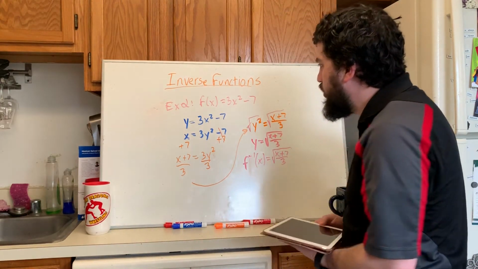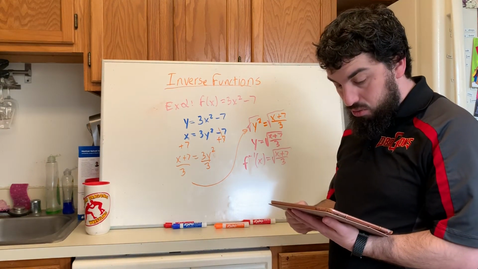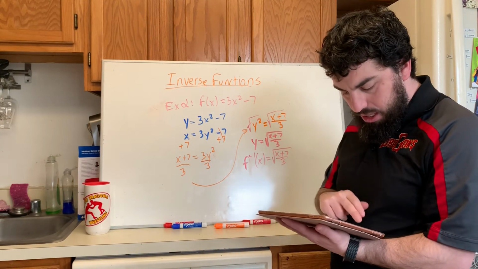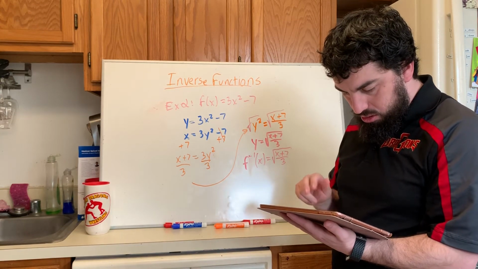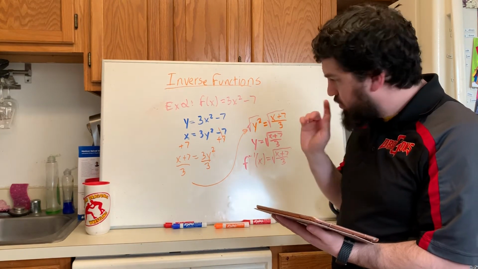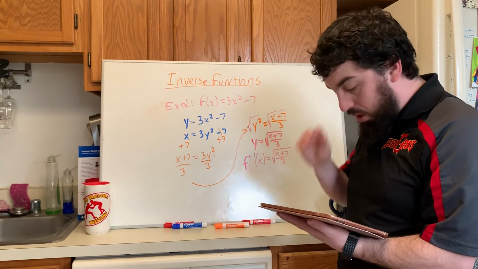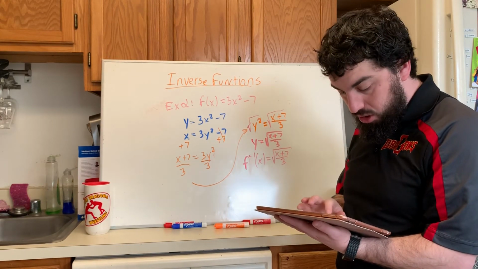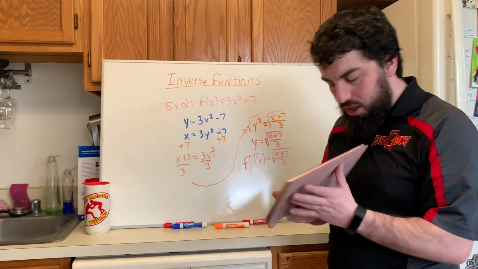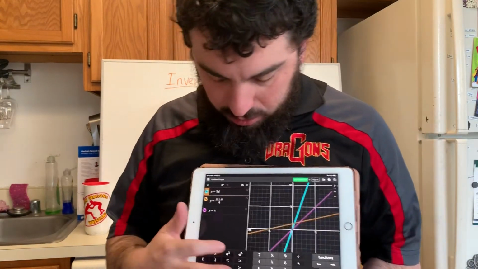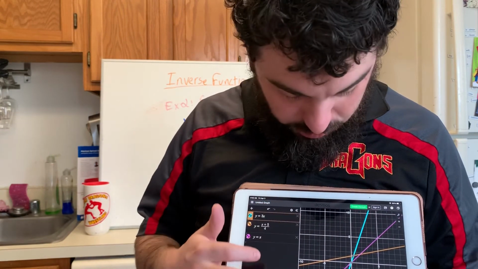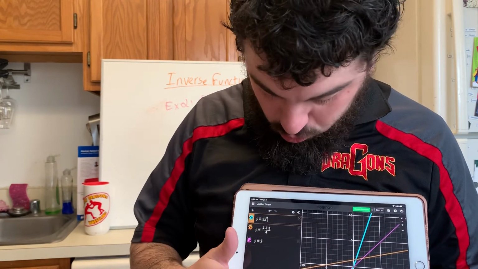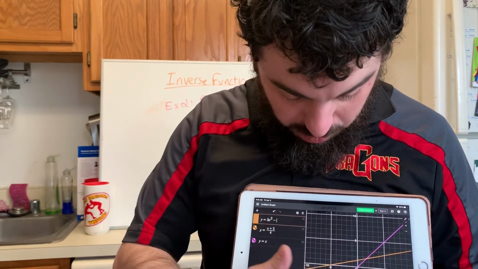So now I'm going to again go to that calculator, and I am going to retype these equations in. So I'm going to do 3x squared minus 7.